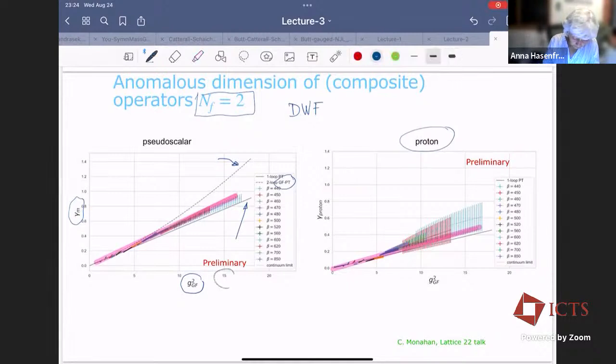And observe that this is really deep in the non-perturbative regime. That's just how QCD wants to behave. Now maybe conformal systems will be different.